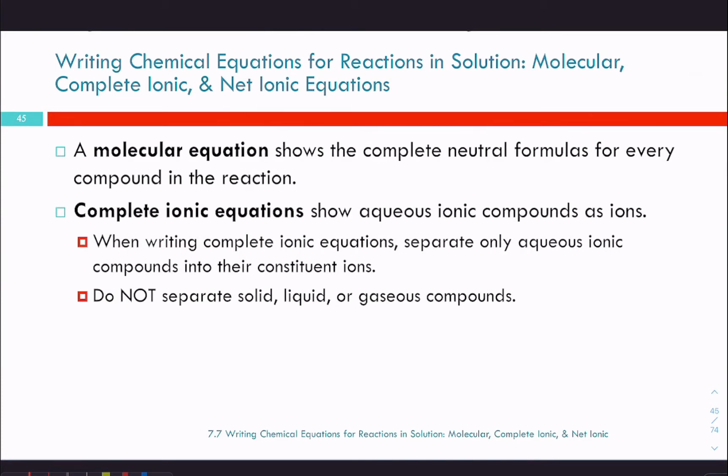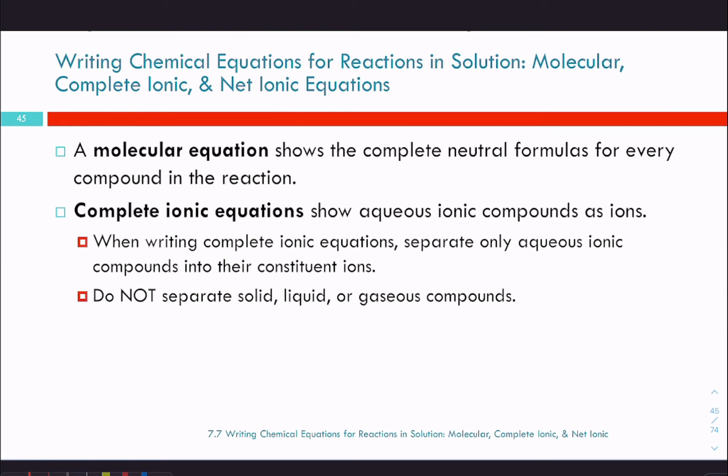Shifting gears a little bit here. This is something we were already doing. A molecular equation shows complete neutral formulas for every compound in the reaction. Complete ionic equations show aqueous ionic compounds as ions. So when we're writing complete ionic equations, separate only aqueous ionic compounds into their constituent ions. If it's aqueous, if it's soluble, write it as ions.